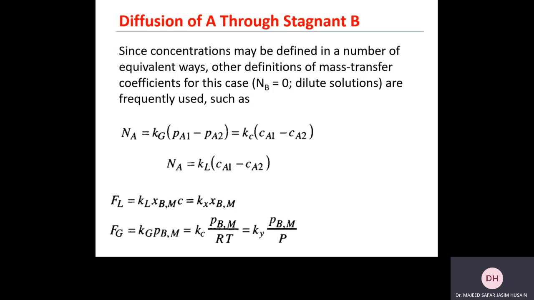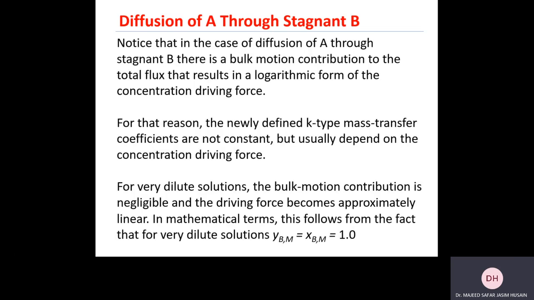Fg again is equal to kg multiplied by PBM, and that's equal to kc PBM divided by RT, etc. So these slides show you the relationship between mass transfer coefficients. We have different mass transfer coefficients because we have different driving forces, so based on that, we have to choose the proper way.